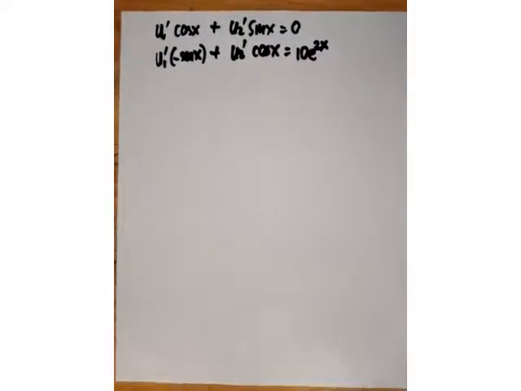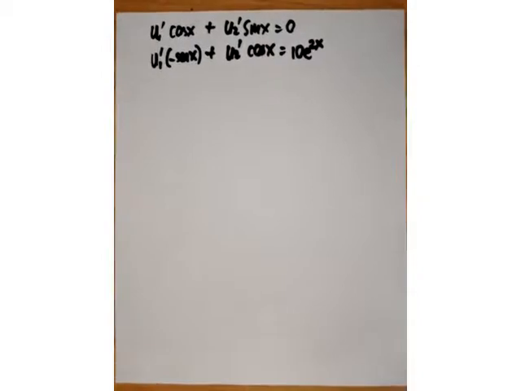Okay, so next one, what method do you want us to use? Substitution, elimination, or Cramer's rule with determinants? If you are to solve this, how will you find u1 prime and u2 prime? By elimination or by Cramer's rule or determinants?